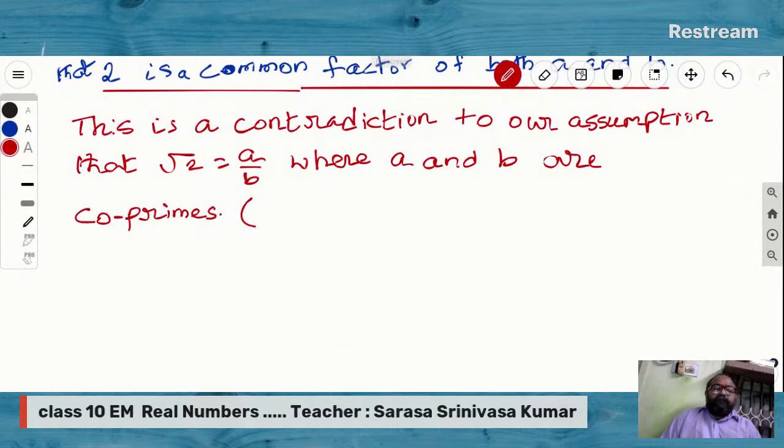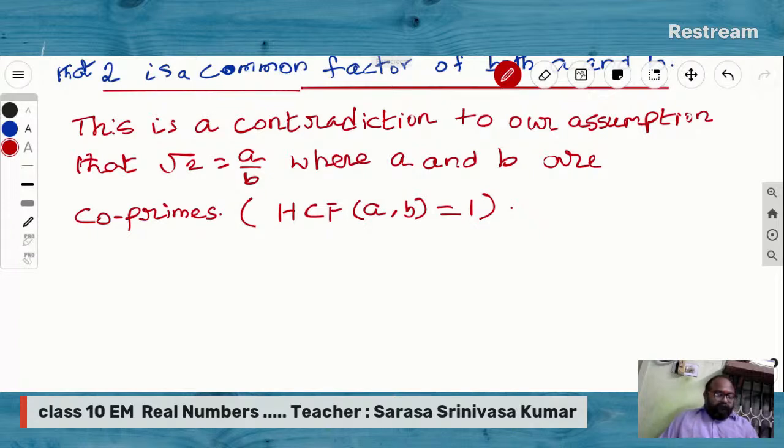Co-primes in the sense that the highest common factor of A and B is equal to 1. Now we got that the common factor of A and B equal to 2. So this is a contradiction.